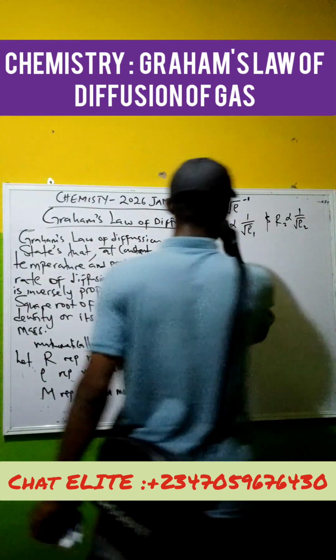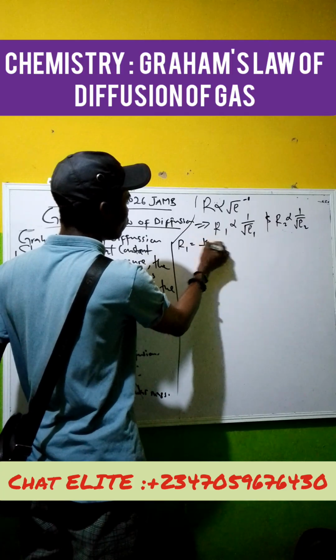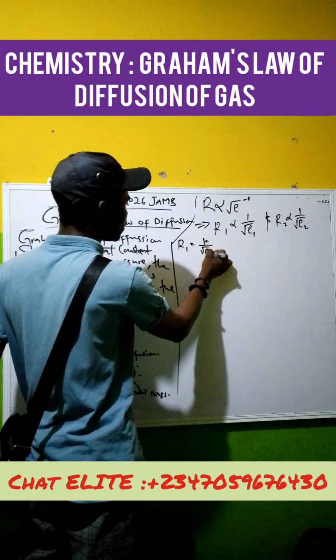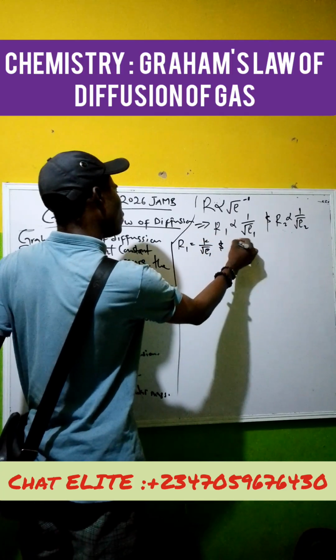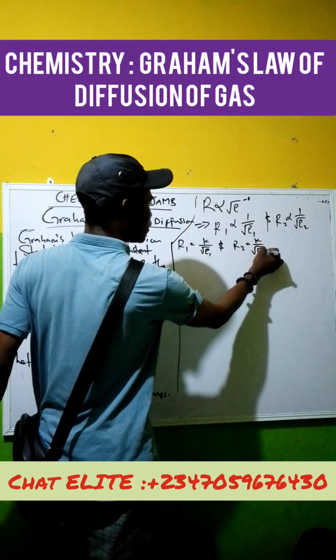Now at this junction, we have that R1 equals K over the square root of density 1, and R2 equals K over the square root of density 2.